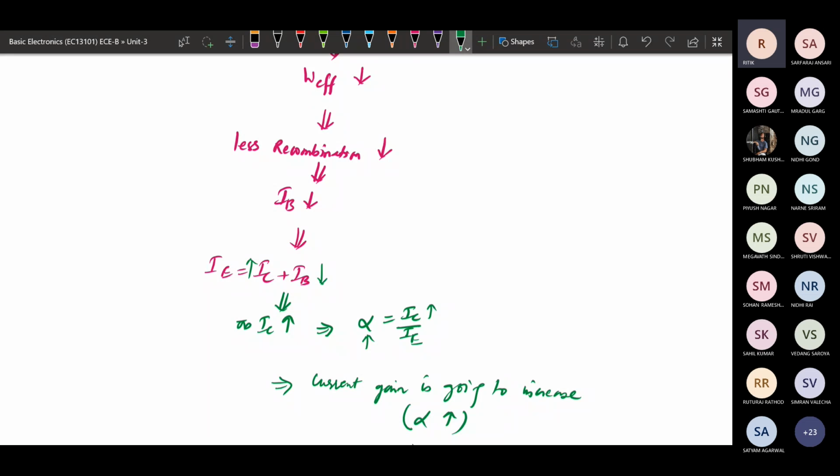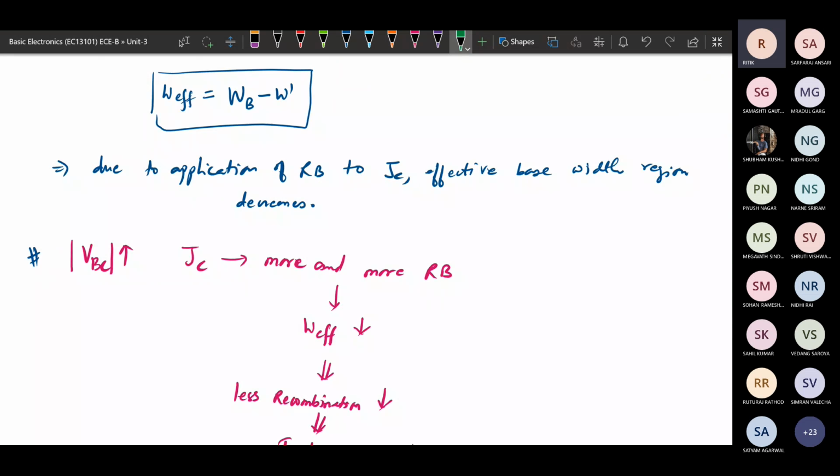So the process of reduction of base width due to application of reverse bias to the collector junction is called base width modulation. So due to application of reverse bias to JC, effective base width decreases. This process is called base width modulation.